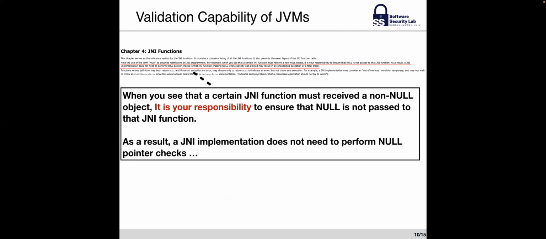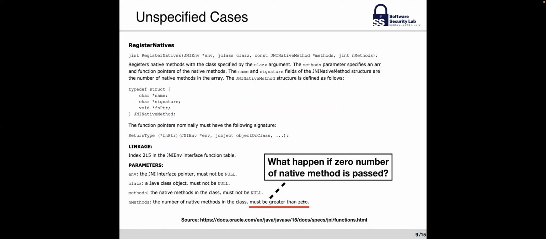During this research, we found a lot of unspecified cases. We developed test programs that trigger the behavior of the unspecified cases, and we actually executed these test programs to see whether JVM vendors correctly validate such unspecified cases.